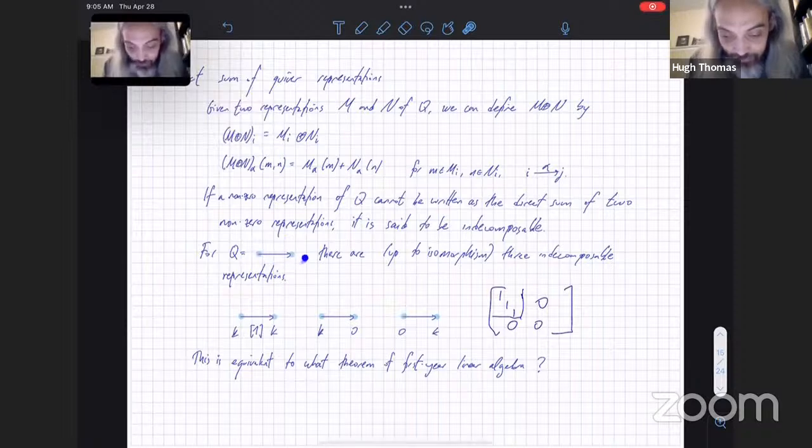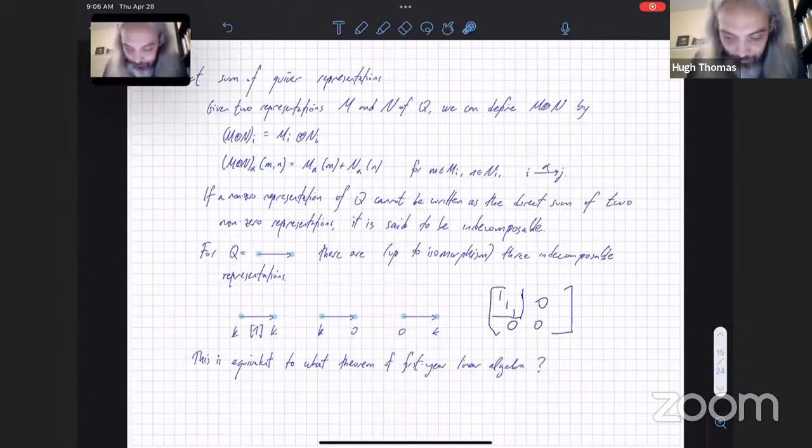That's exactly what the representations of this are. And then what this is saying is that any linear map can be broken up as a piece that corresponds to a kernel, a piece that corresponds to a cokernel, and then a piece that is an isomorphism onto its image.